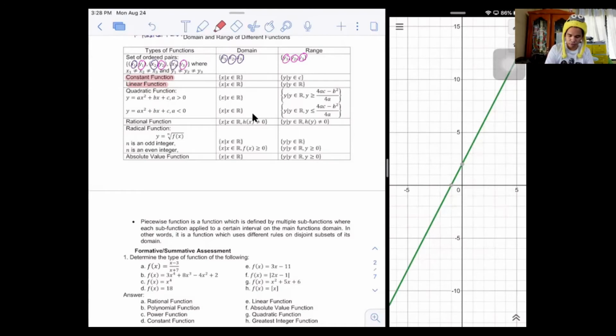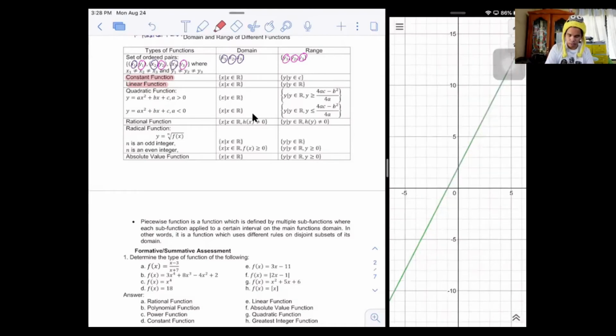That is why for linear function, the domain is all real numbers. This one is the symbol for set of all real numbers. Ang y pod or the range is all real numbers sab. So pwede ra actually class nga magsulat mo og all real numbers.